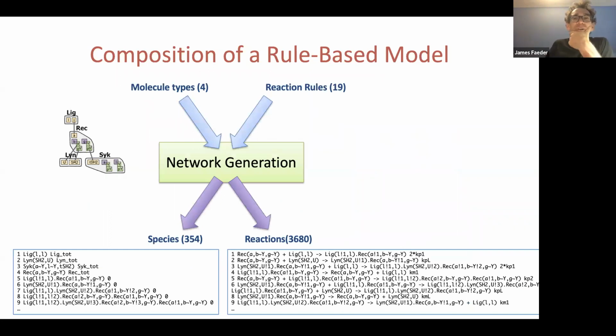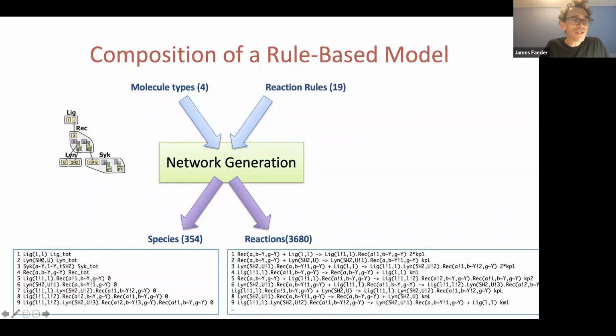Okay, so what happens is we take our 4 molecule types, we take our 19 rules, and I showed you this process. You iteratively apply the rules to the original species. You'll see that we pick basically the bare molecules as our initial species for network generation and then generate the network from those.